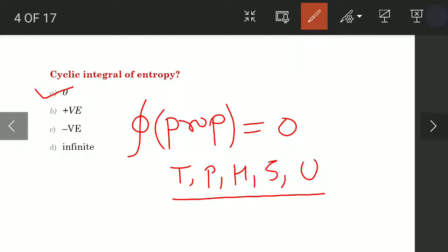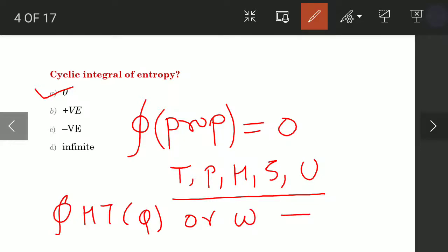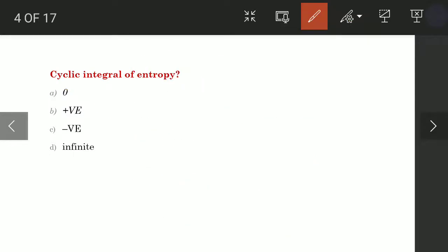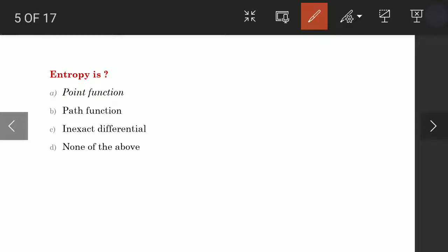But the cyclic integral of heat transfer, that is Q, or work transfer, that is W, is not equal to 0. So this is only true for properties. So for this question, the answer is the first option, that is 0.